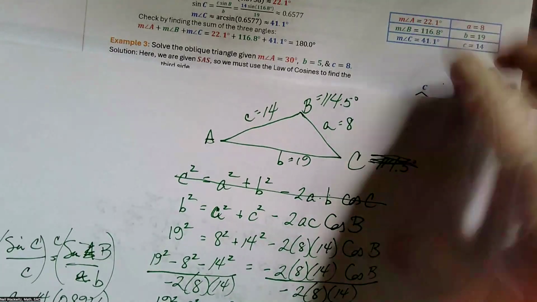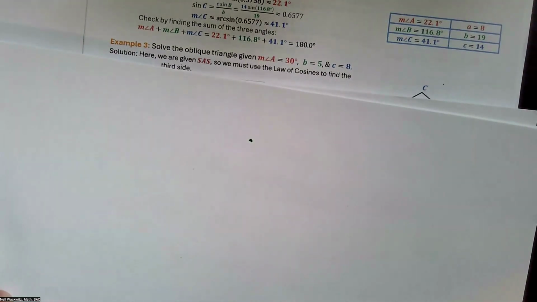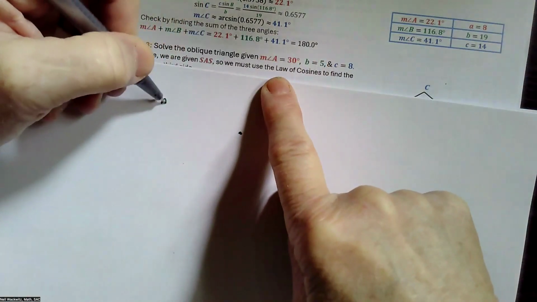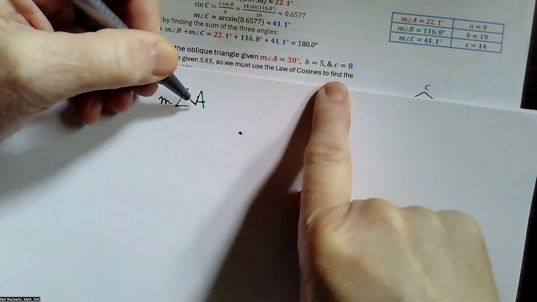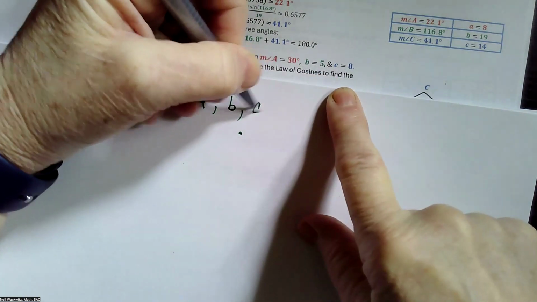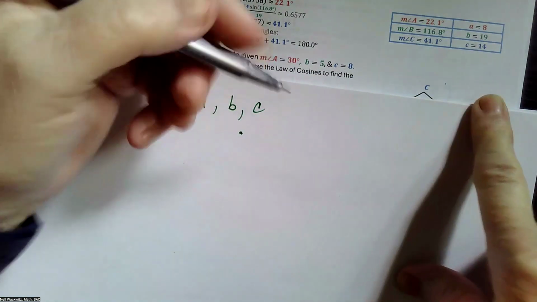All right. Now we're given the measure of angle A, side B, side C. So let's see.